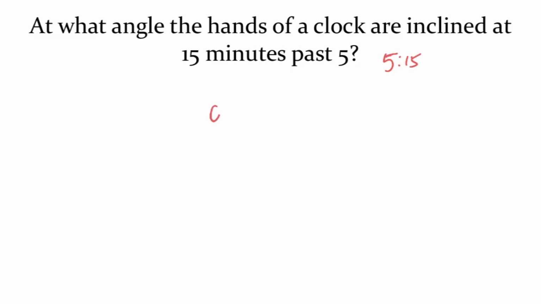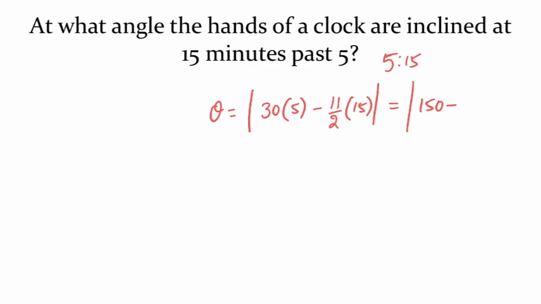We know that the angle between the hands is mod of 30h, 30 into 5 hours completed, minus 11 by 2 into 15 minutes completed. 30 into 5 is 150, minus 11 into 15, 165, divided by 2. 150 minus 165 by 2, which is 82.5. 150 minus 82.5 is 67.5 degrees. So the angle between the hands is 67.5.